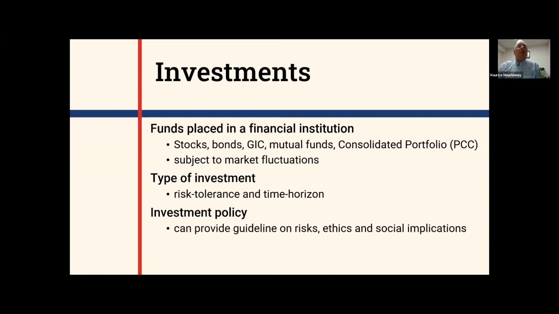I'm also not sure how many people are aware of what's known as the Consolidated Portfolio, a fund that I believe about 125 congregations, presbyteries, synods, and a few head office accounts have invested in. I think the market value at the end of September was over 200 million.